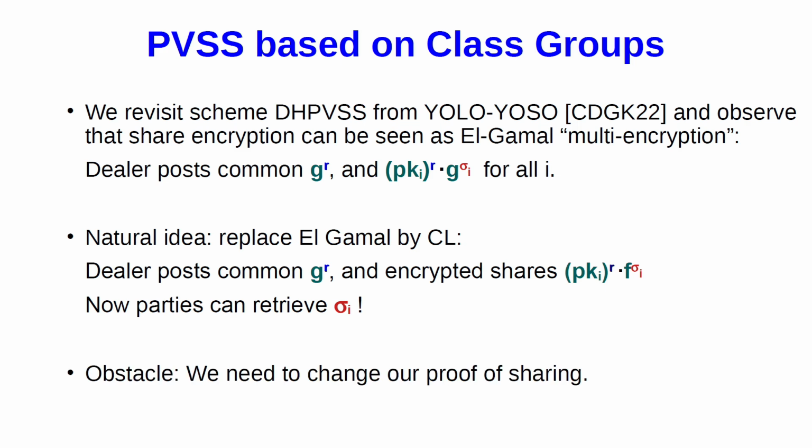Now, of course, things are not so easy, and we need to change our proof of sharing because there are certain things in the previous construction that here don't work exactly like that.